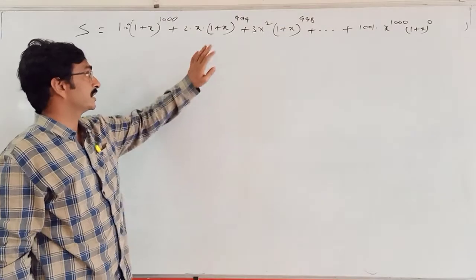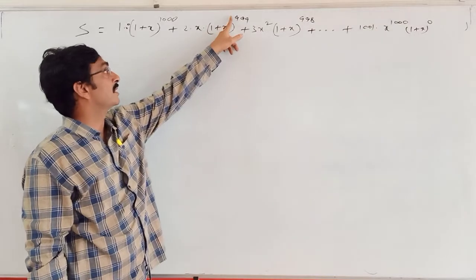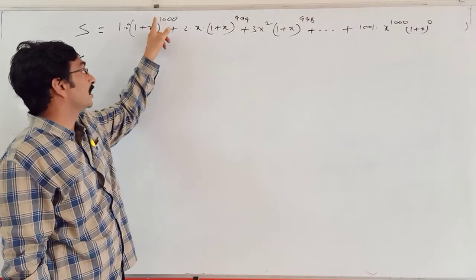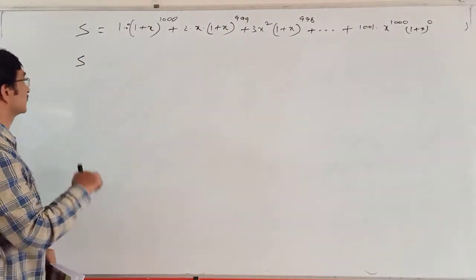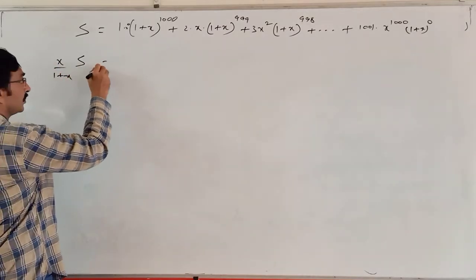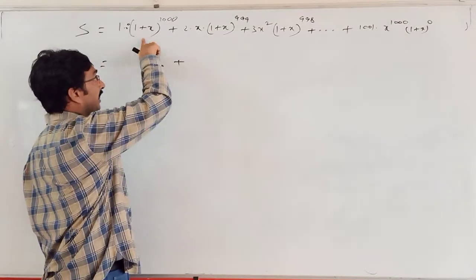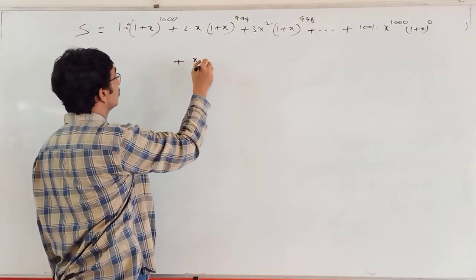What is the common ratio? Second term by first term: x into (1 plus x) whole power 999 by (1 plus x) whole power 1000, which is x by 1 plus x. Multiply both sides with x by 1 plus x.